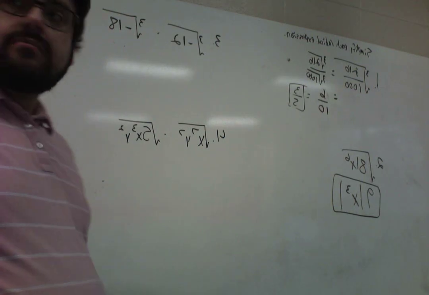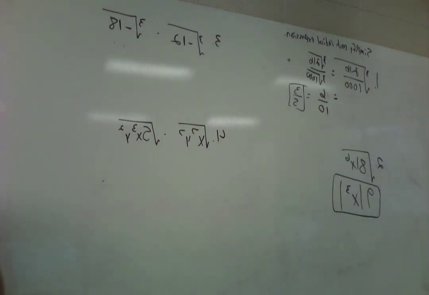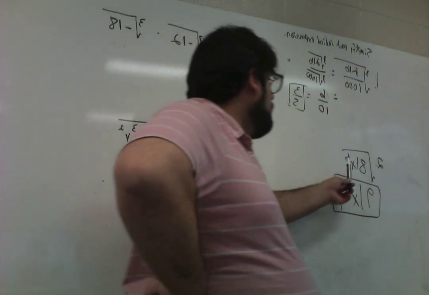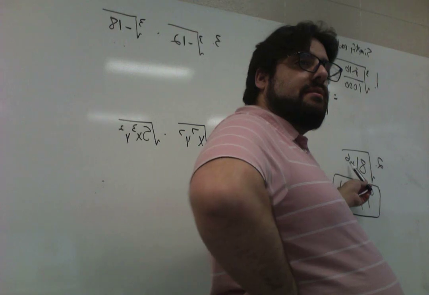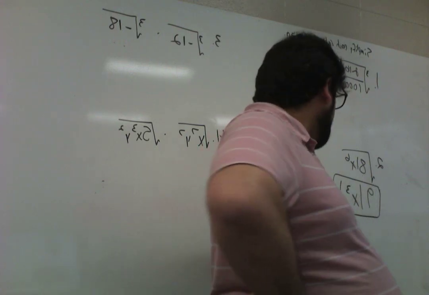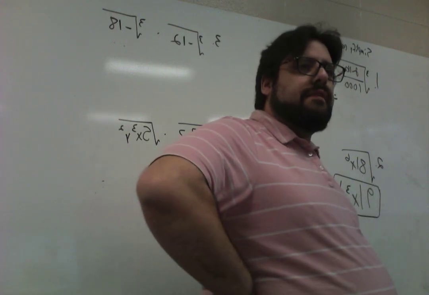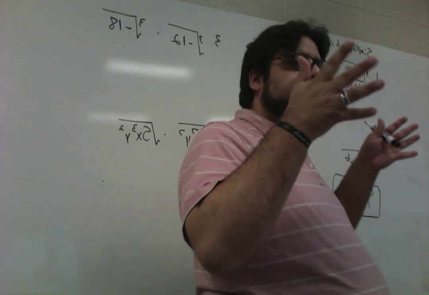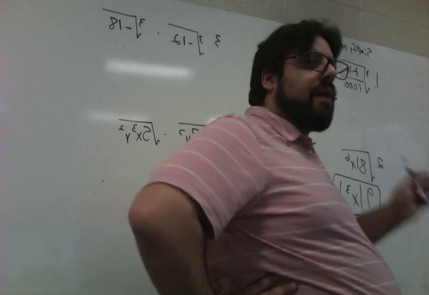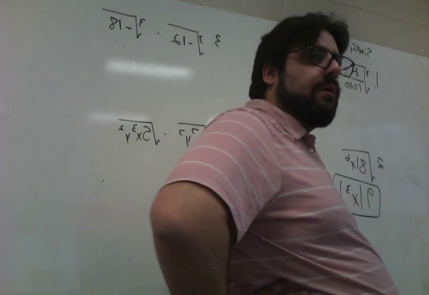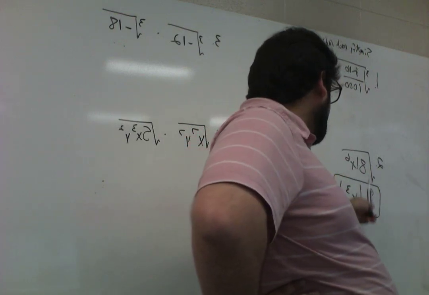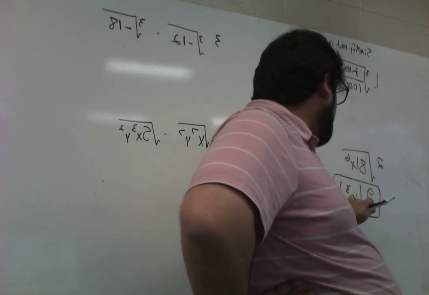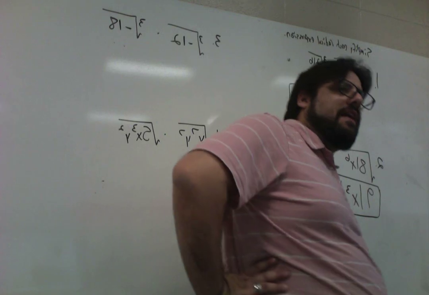Yes, sir. How'd you get down to the absolute value? Because when I take the square root of this, it's x to the third, and x to the third is not always positive. Whenever we take the square root, we're only using the principal root, so only the positive value. So whenever your solution has an odd exponent, you need to put absolute value around it.